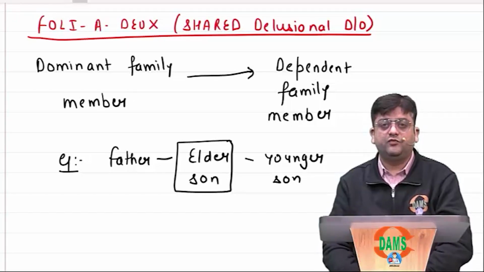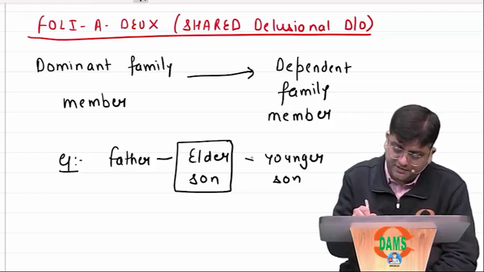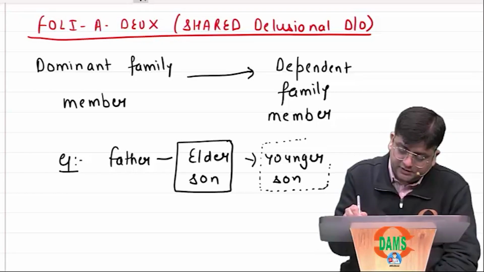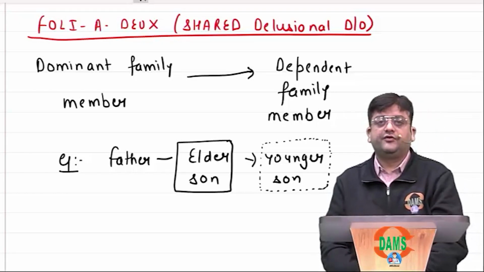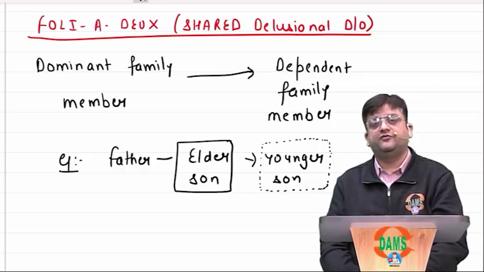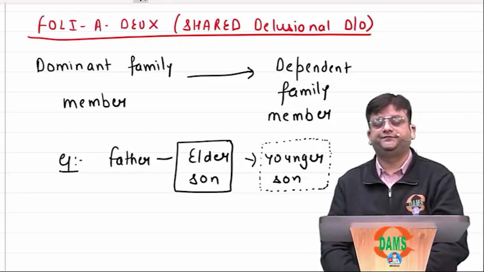After 1 year, whom do you expect also to say neighbors are bad, they will harm? Father or younger brother? Younger brother. It has to go from dominant to dependent family member.